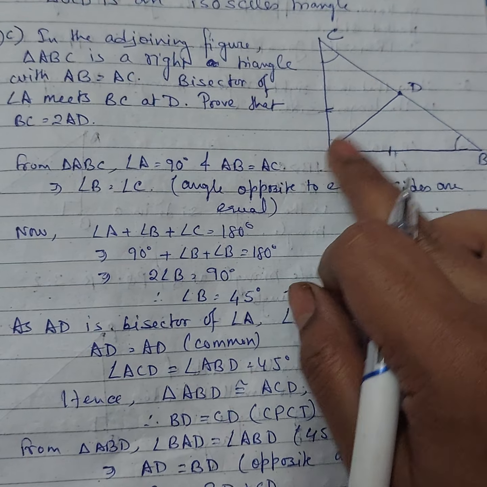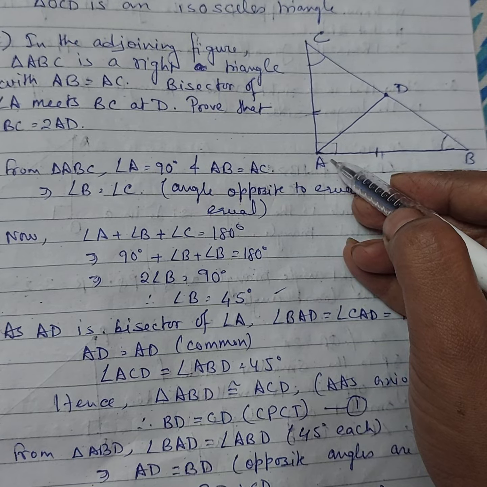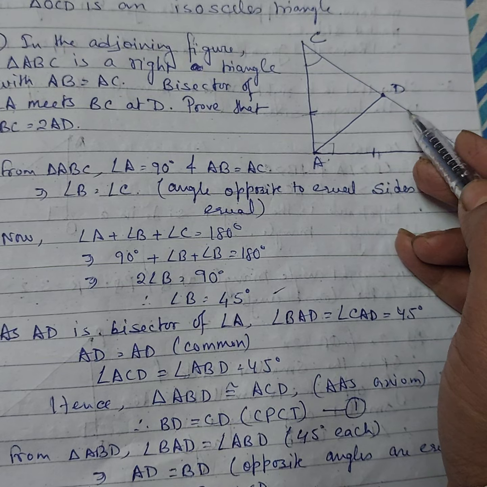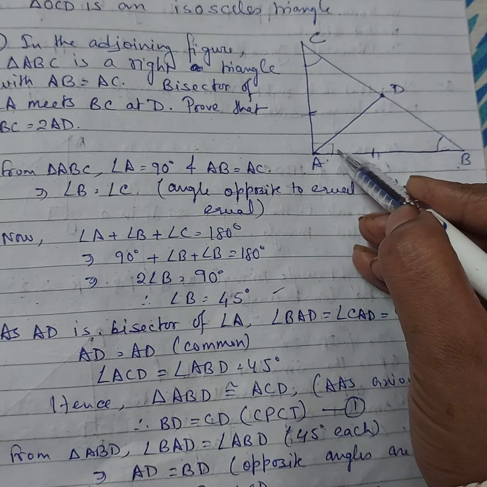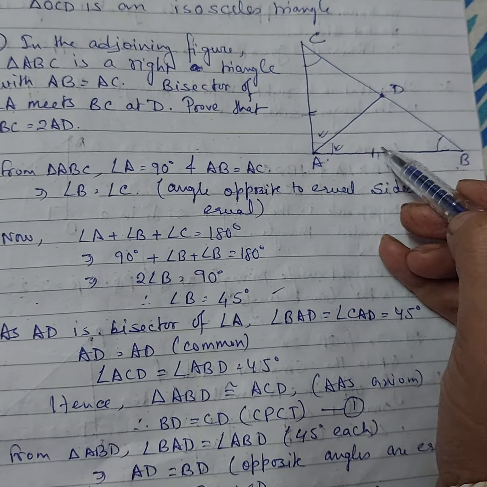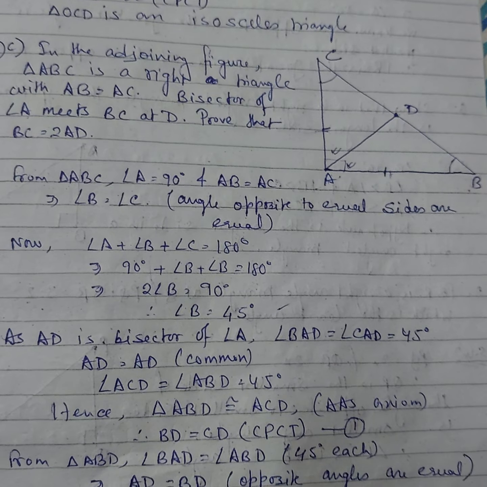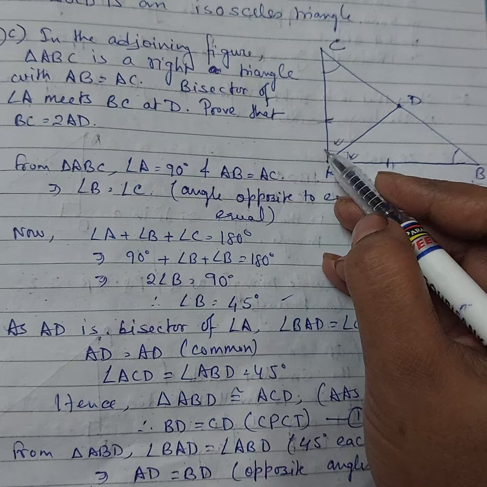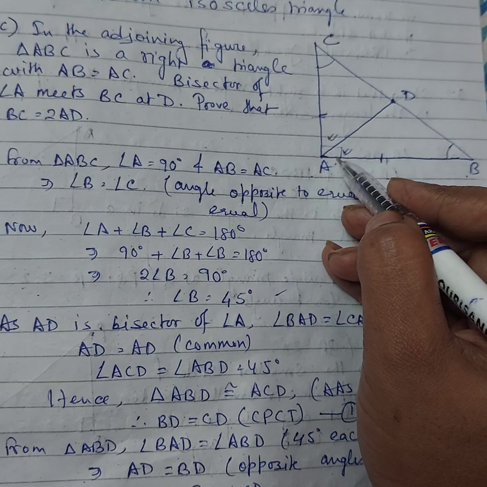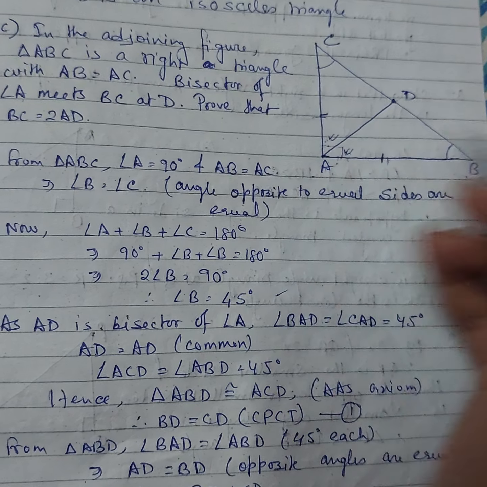As AD is the bisector of the whole angle A, that means angle BAD, this angle, and angle DAC, this angle, are also 45 degrees, because AD bisects angle A, and the measurement of angle A is 90 degrees, so both parts will be 45 degrees.